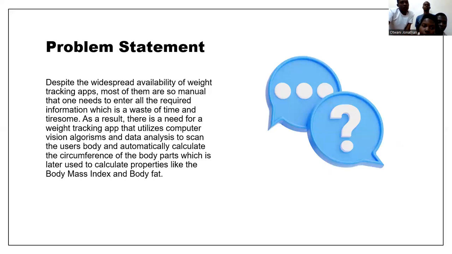The problem statement is, despite the widespread availability of weight tracking apps, most of them are so manual that one needs to enter all the required information manually, which is a waste of time and tiresome.